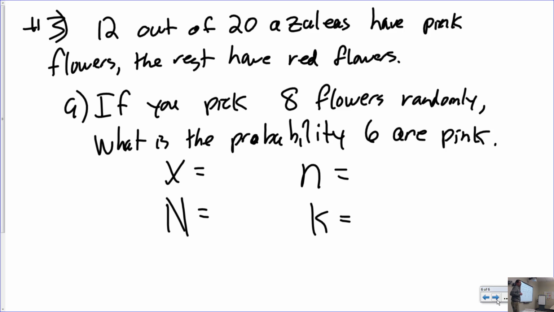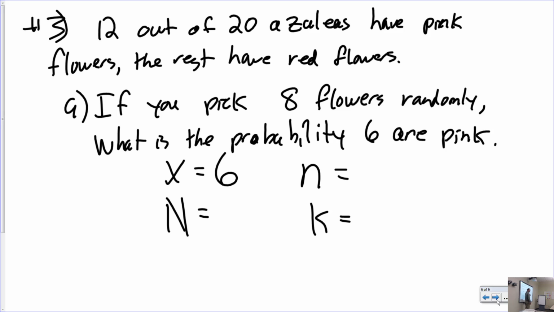Okay, so let's start with the easiest one. What's x? That's the 6, yes. It's the successes. It's what you're trying to get. You're trying to get 6 pink flowers. What's little n? 8.